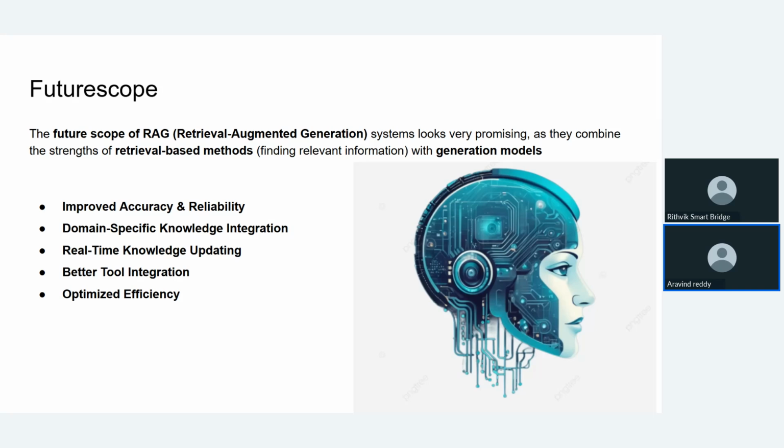To overcome that, if you add RAG, it reads the documents at much lower cost. So we are trying to get the best accuracy without training the model with a huge amount of data. That is the idea of RAG.